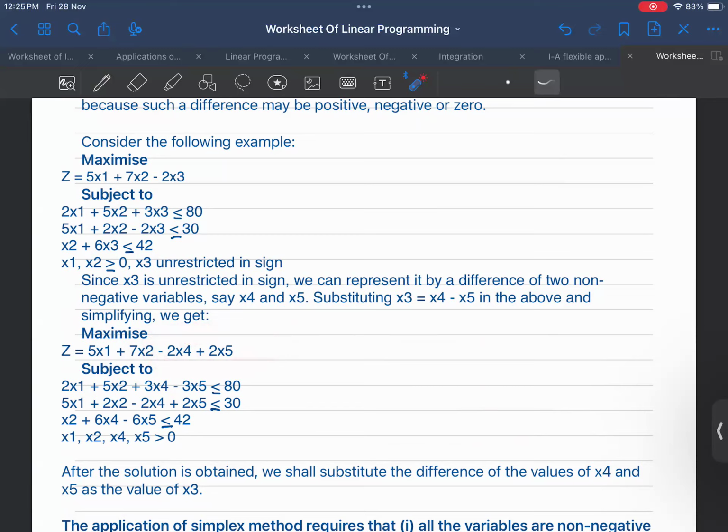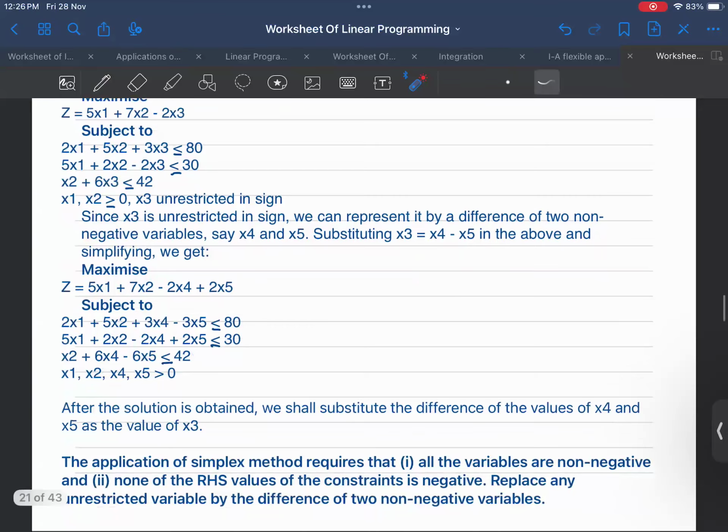It's a minus sign, so it's a minus and plus. In the same way, in place of x3 in the constraints we have kept x4 and x5. Now all the variables x1, x2, x4 and x5 are greater than or equal to 0.